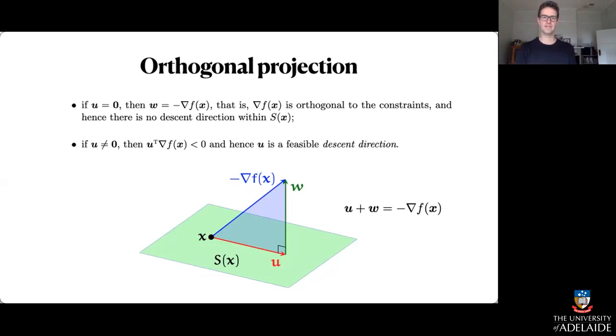We're going to talk about that over the next few videos. But if u is not equal to 0, then I can move. I can create this set of directions that are orthogonal, that add up to negative gradient, the steepest descent direction, and use a feasible descent direction.